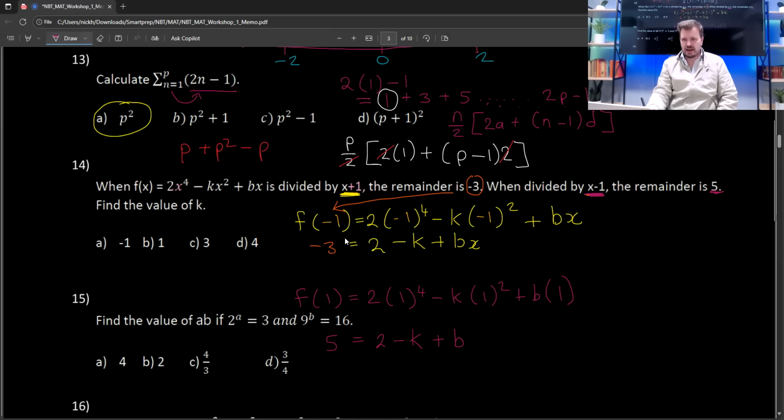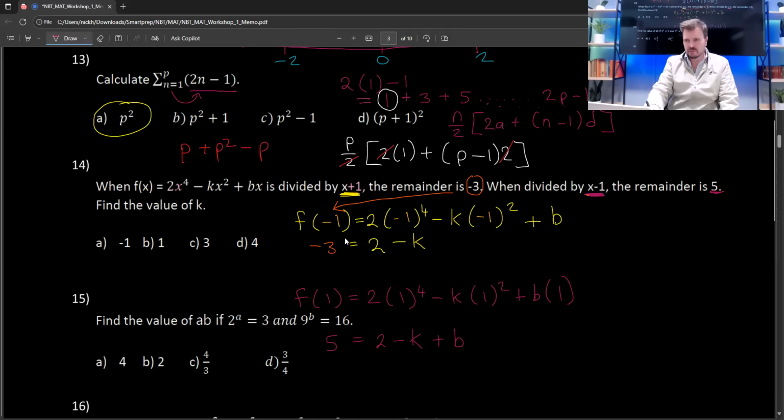And what I have now is two equations, which I can then use to solve. I want the value of k. Okay, when I replace this, I had to replace this x with a 1 in respect. So that ends up being -1.